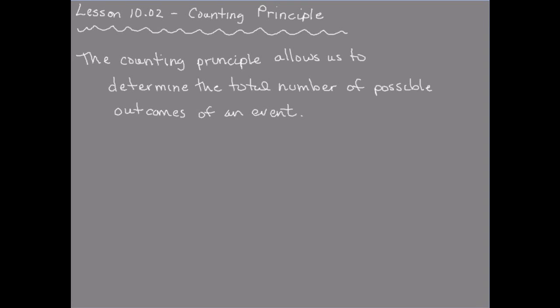To the counting principle. The counting principle allows us to determine the number of possible outcomes of an event. And there is more than one way to do this. We can do this with a tree diagram, or we can use math.